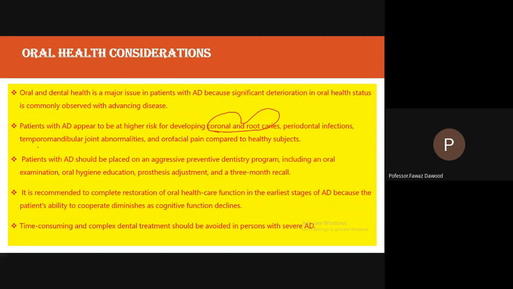Again, the temporomandibular joint is going to be involved. And we have to give them instruction, and we have to make a regular dental examination for them. Also try to avoid any complex dental treatment for them.